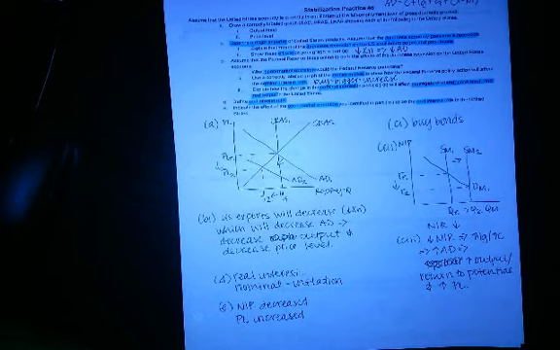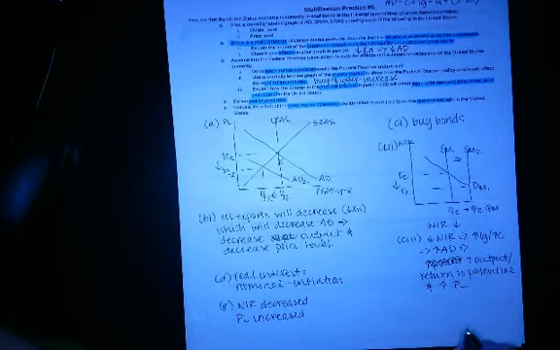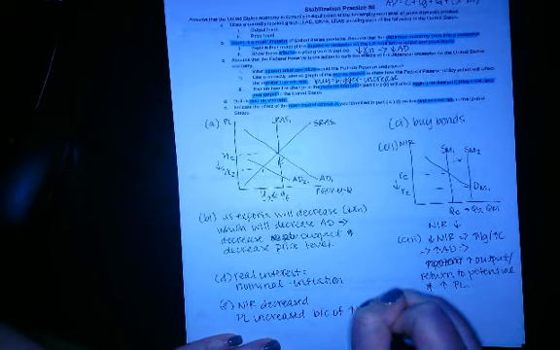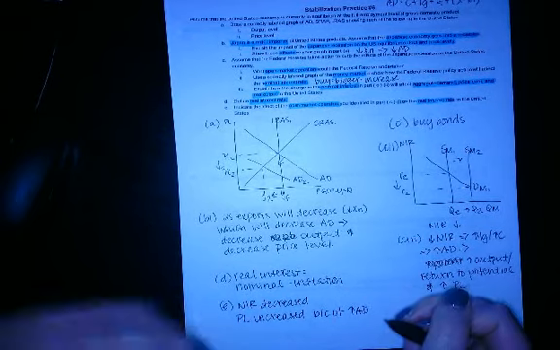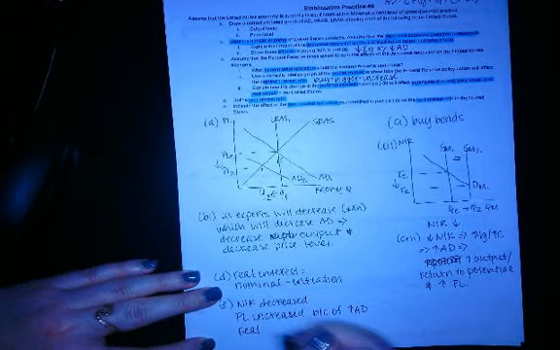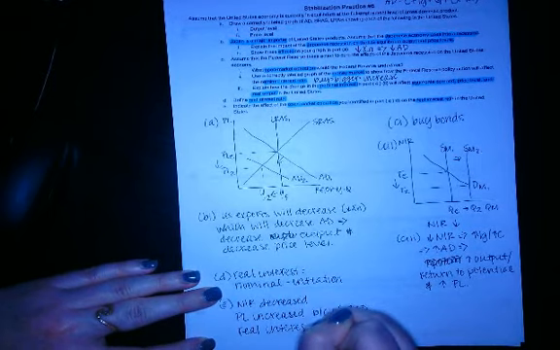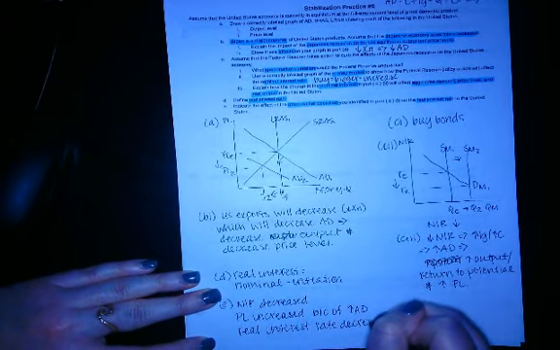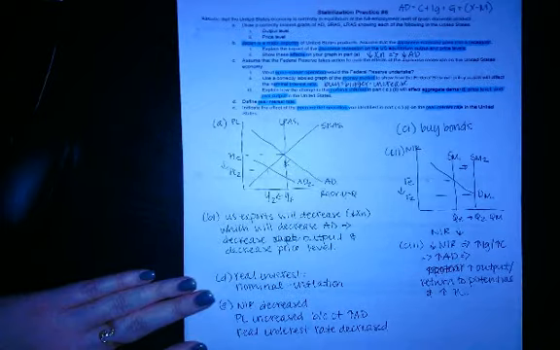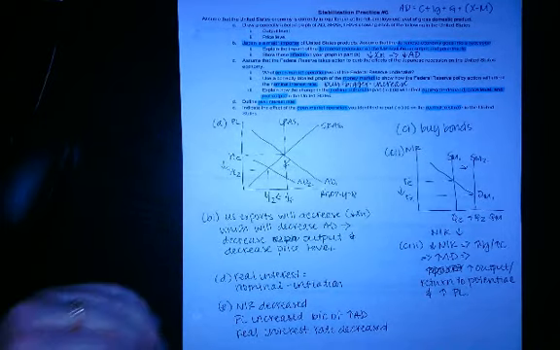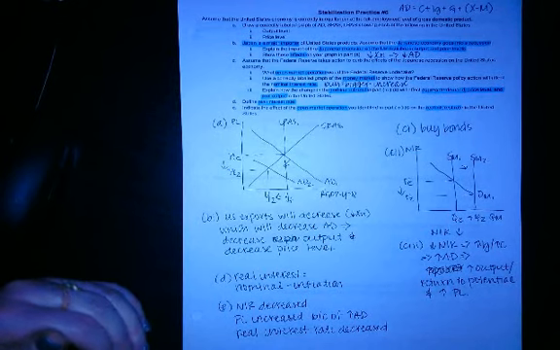So both of those things mean that our real interest rate decreased. So our nominal interest rate went down, so that means our interest rate that includes inflation is decreasing. But our price level increased. So if our price level is not keeping pace with nominal interest rate, then that means our real interest rate is decreasing.